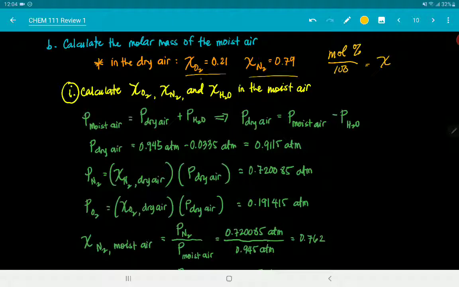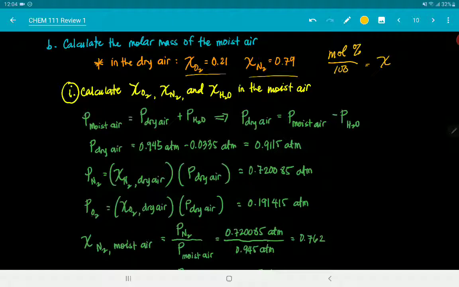So the pressure of nitrogen in this system is the mole fraction of N2 in the dry air, which is 0.79, times the pressure of dry air, which is 0.9115 atmospheres. So that's 0.79 times 0.9115, we'll get 0.720085 atmospheres.